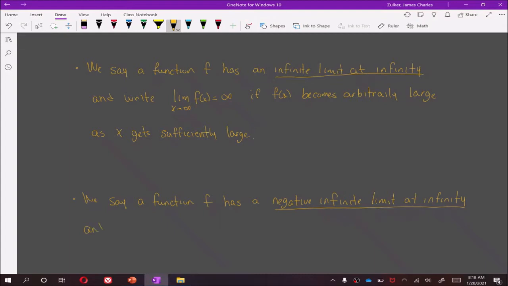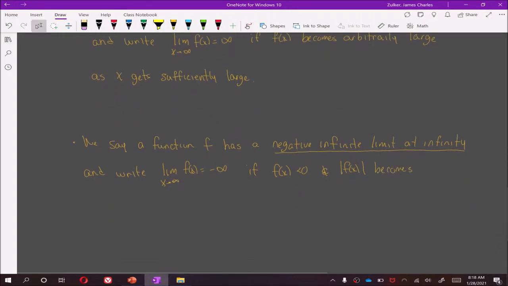And this time we write this if f of x is less than 0 and the absolute value of f of x becomes arbitrarily large as x gets sufficiently large.